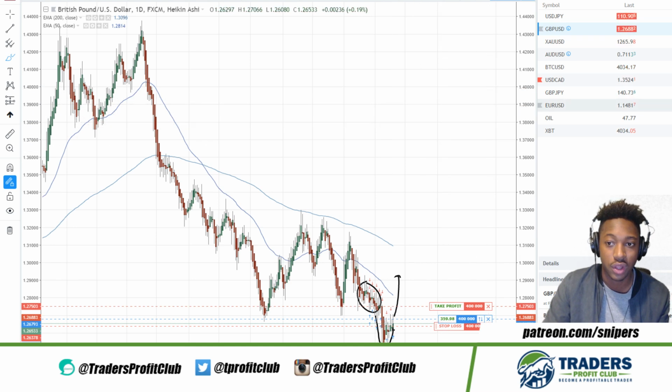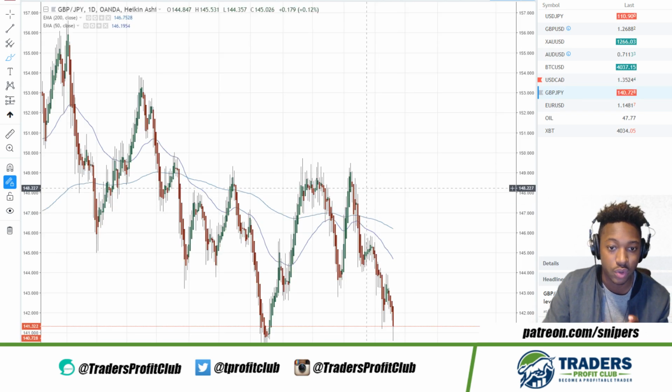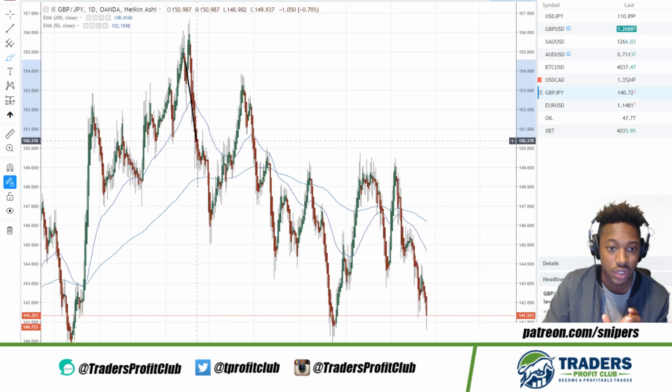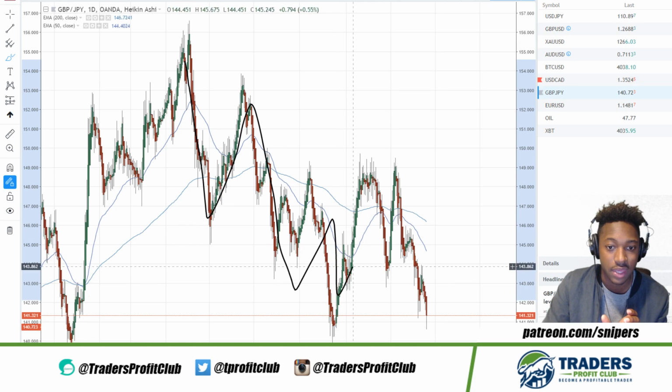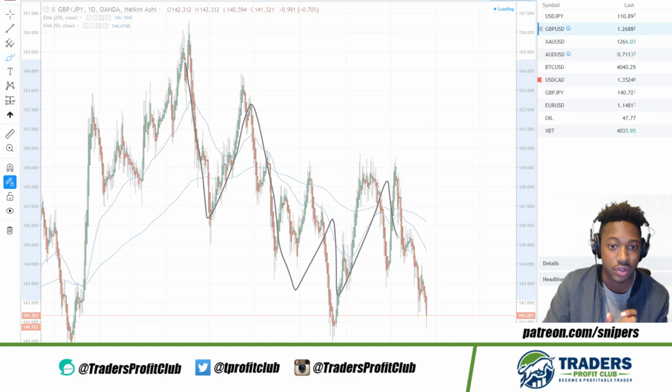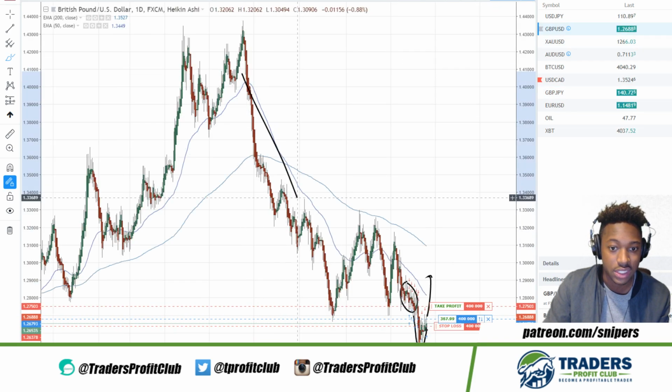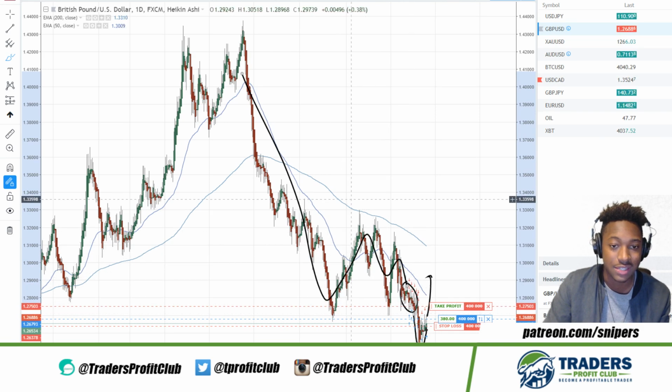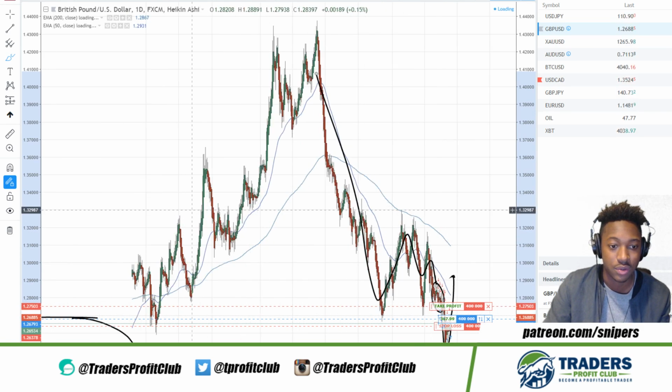They will do a lot of the same structures. We can see that price did the same thing here, and then we can see the Great Britain pound do almost the same thing, but that doesn't mean that it will always be doing the same thing.